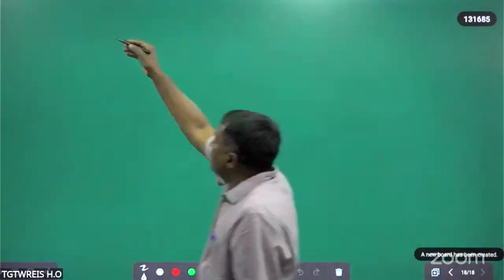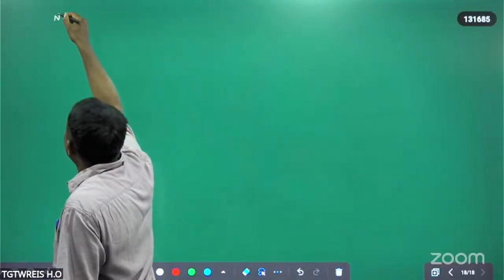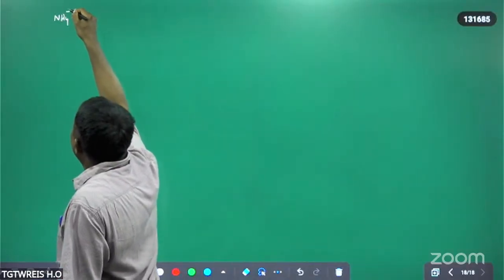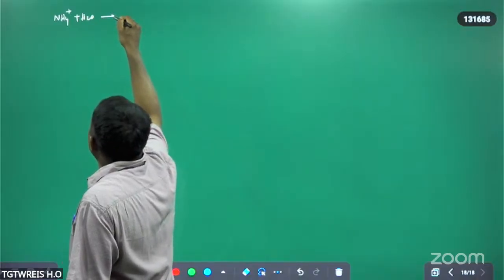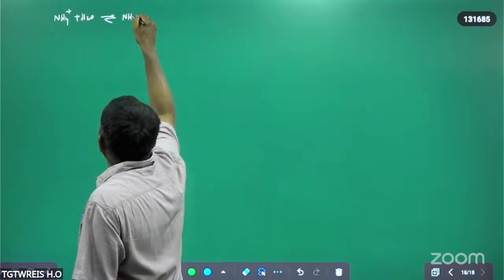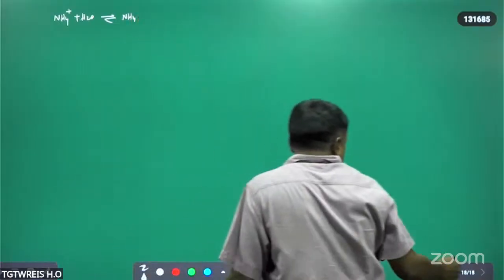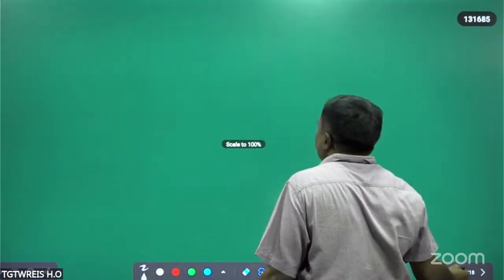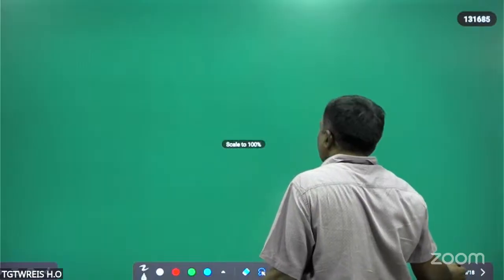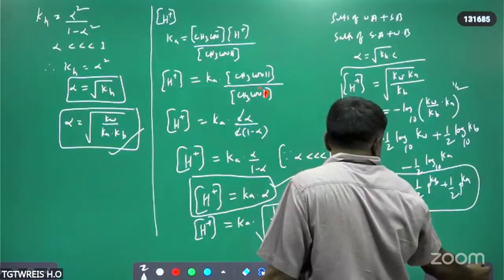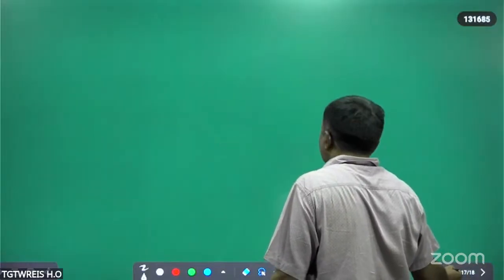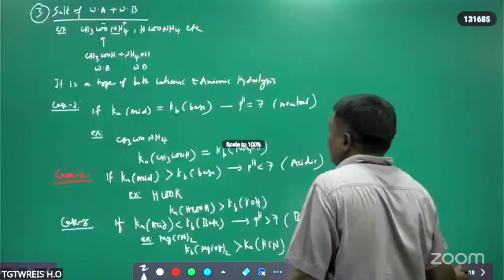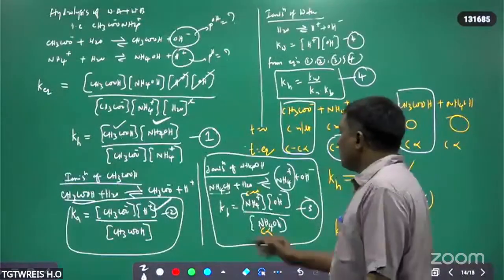OH minus ion concentration. So this is what now? NH4+ plus water. You will get NH4OH. Plus this one.